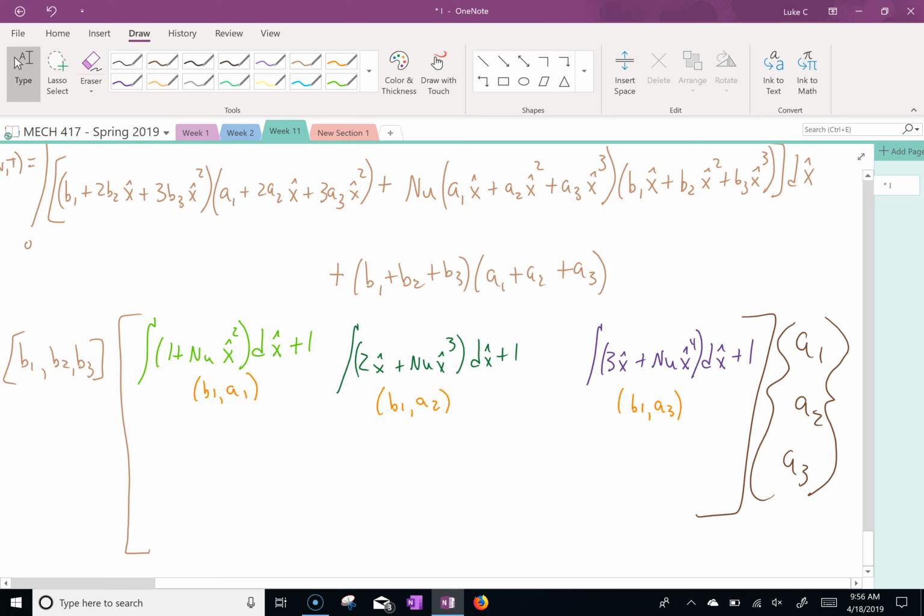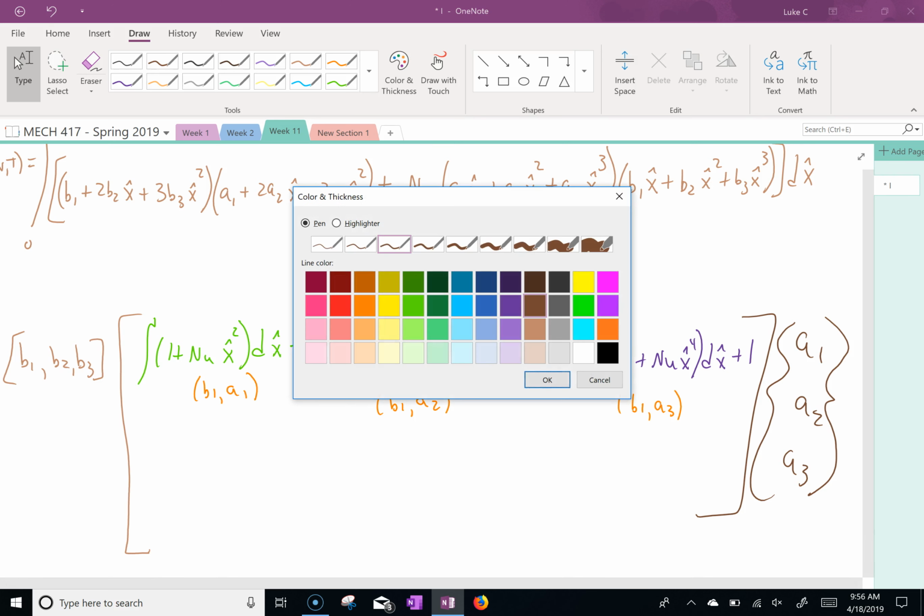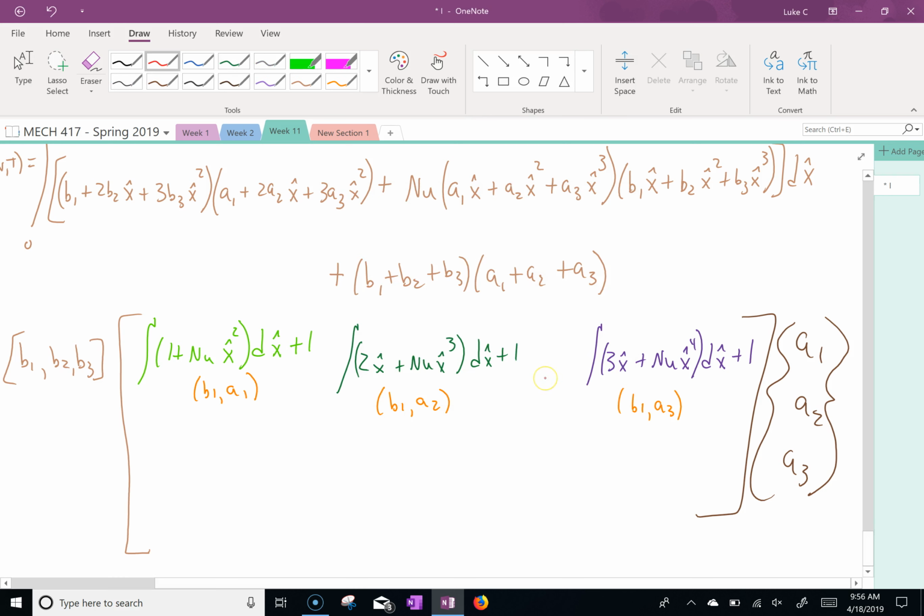So, just to help you where we got these, let's do this in red. If we multiply b1 times a1, that first term, and we factor out a b1 and an a1, what are we left with? A 1. Does that make sense? Okay? So that's where this 1 comes from right here.